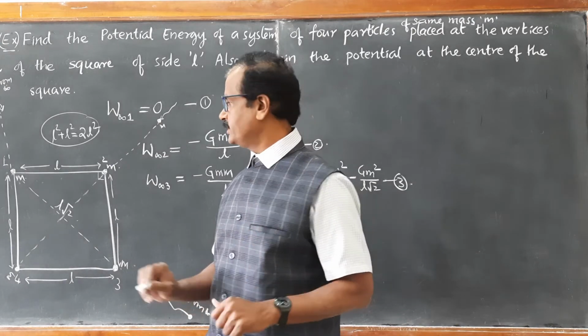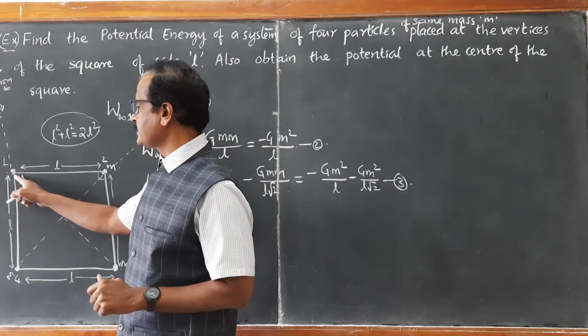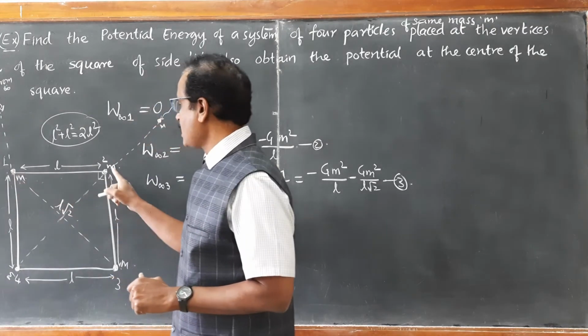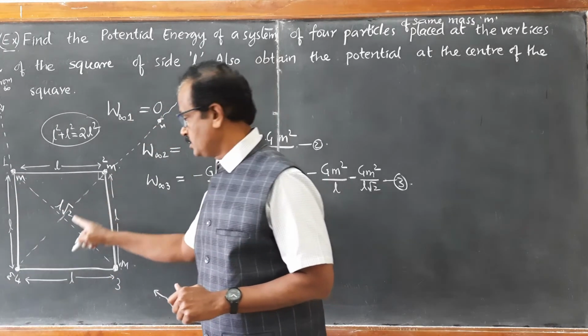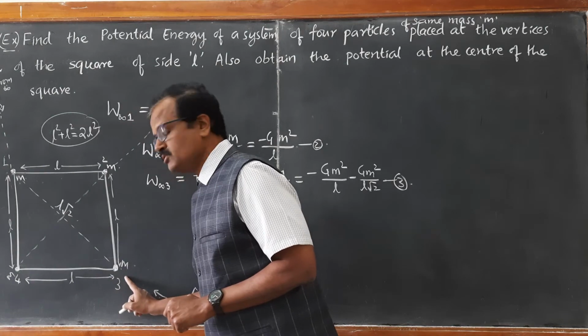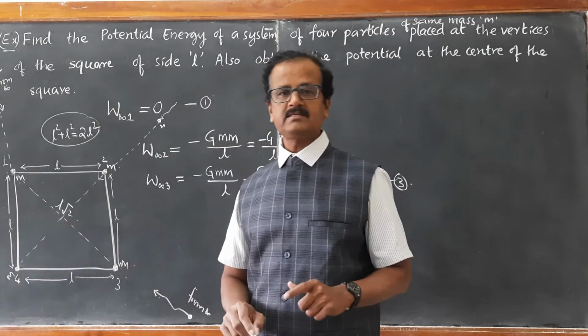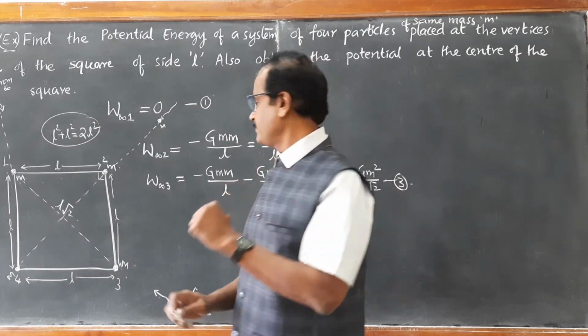So interaction is there due to mass m at position 1, mass m at position 2, mass m at position 3 with mass m at position 4. So now I am ready.